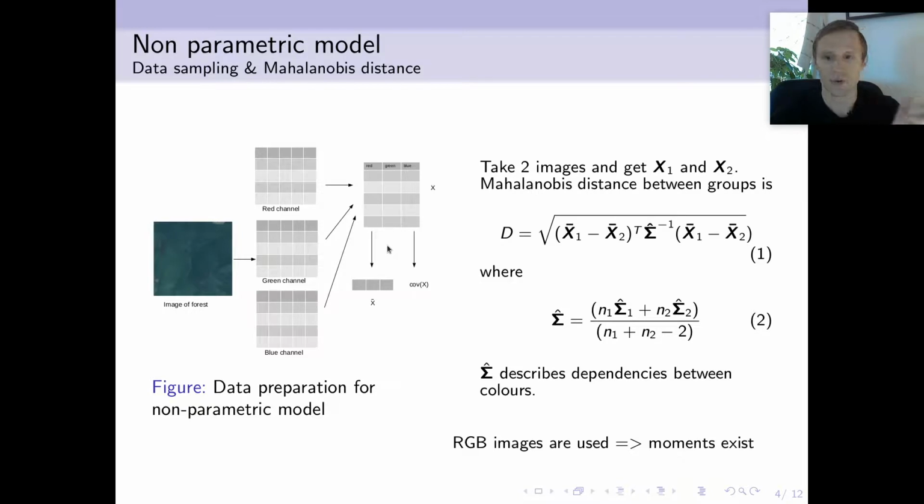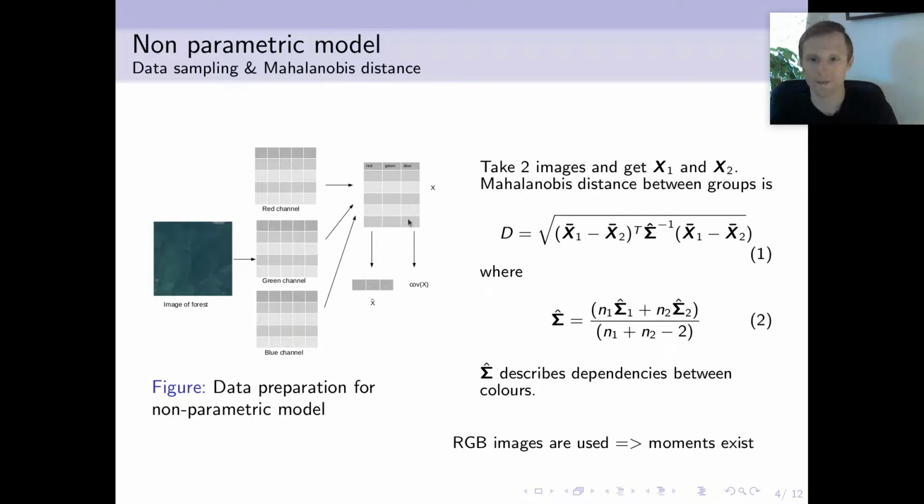We do it in such a way that preserves triplets of red, green, and blue pixels, although now we have completely lost all the information about pixel locations. Then we obtain X bar, which is the three-dimensional mean vector, and the 3x3 covariance matrix.